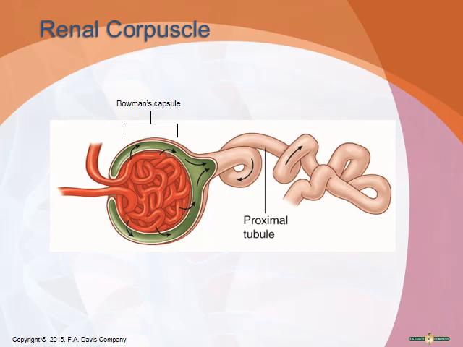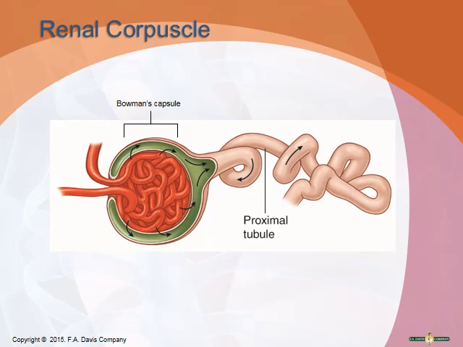So the glomerular capsule, or Bowman's capsule, surrounds that glomerulus. Your book describes it interestingly as, imagine your fist pushing into an inflated balloon. If your fist is the glomerulus and the balloon is the Bowman's capsule, you see how the capsule kind of surrounds the glomerulus.